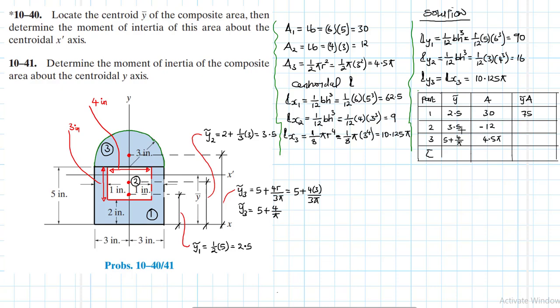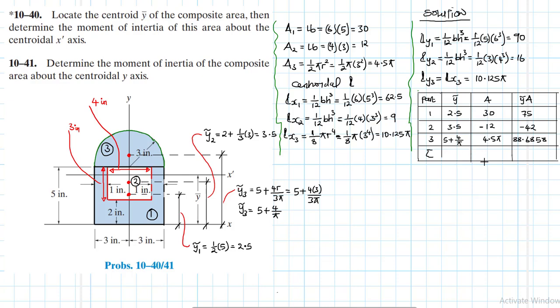So 3.5 by minus 12 is minus 42. Okay, and then finally 5 plus 4 divided by pi times 4.5 pi. So this gives us 88.6858.